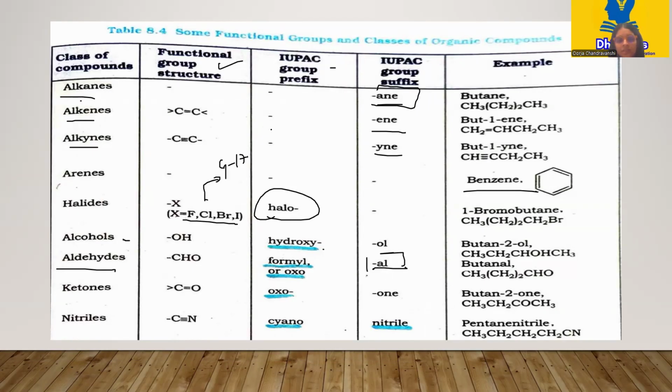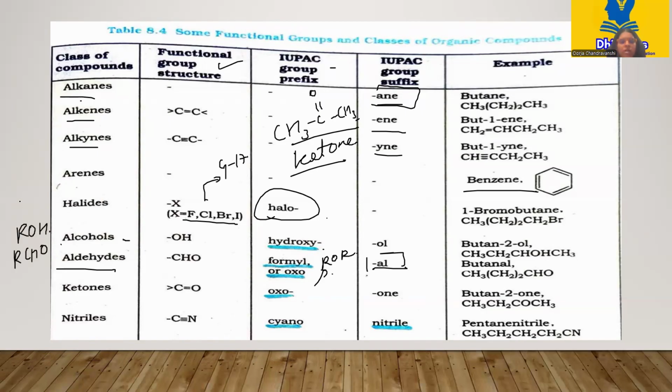If I had something like this, CH3, C double bond O, CH3, now this is nothing but my classic example of a ketone. Ketones' general formula is RCOR. This is for ketones, sorry. And for aldehyde, it is RCHO. Alcohols are ROH.